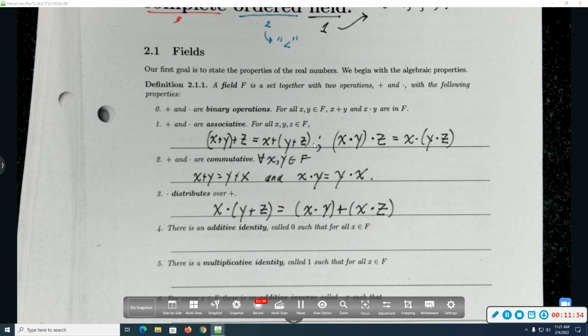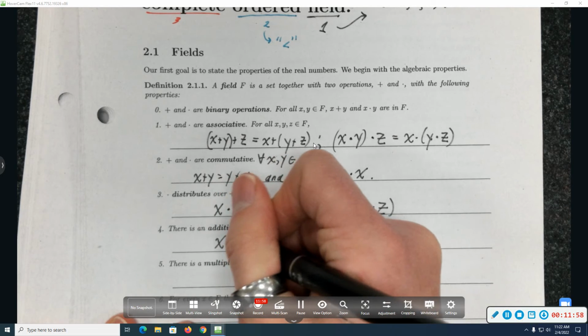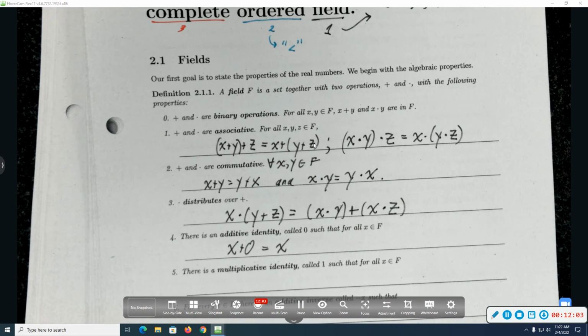There is an additive identity element called 0, which satisfies a condition. Those of you who have taken abstract algebra, what condition should the identity satisfy? Yeah. For all x in F, x plus 0 equals x. Groovy.